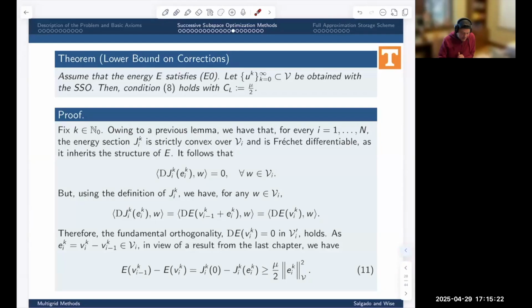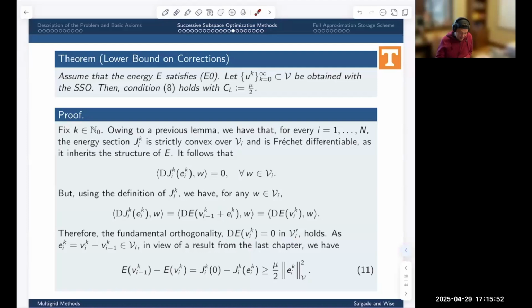So we argued previously that this has to be equal to 0 in V_i prime, or in other words, this is equal to 0 for all W in V_i. And that simply implies that the derivative is equal to 0. So that's the result of doing each one of my optimizations along these energy sections. If I do that, then I'm going to have this fundamental orthogonality.